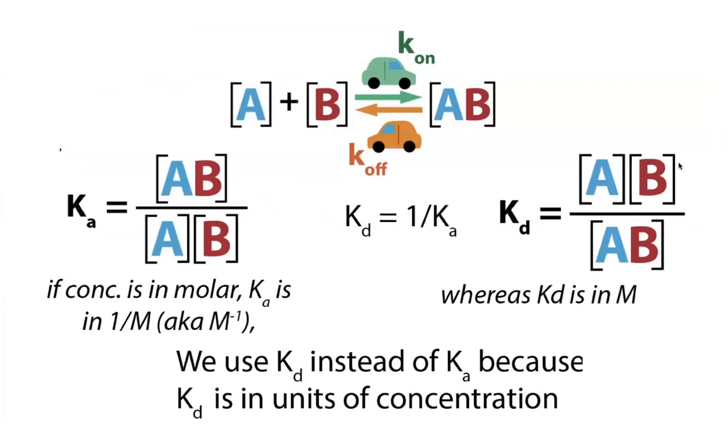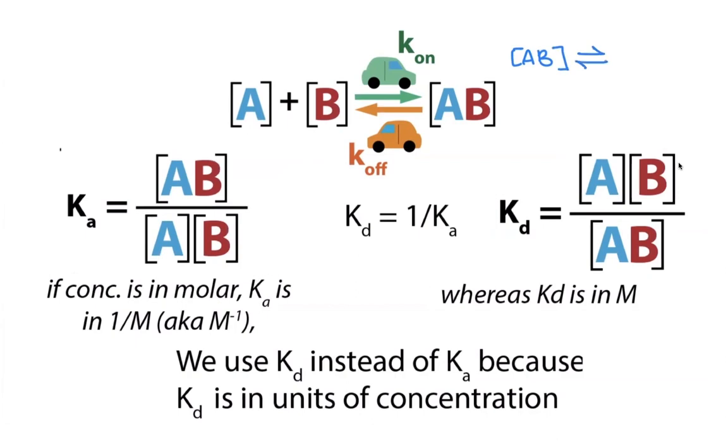We can take the KD as 1 over the Ka, and this will give us units of molarity or units of concentration. What we're doing, we saw here just by taking the inverse of the Ka, but conversely, we can also write it by just rewriting our equilibrium equation. So instead of thinking of it from the perspective of binding, we think of it from the perspective of unbinding.